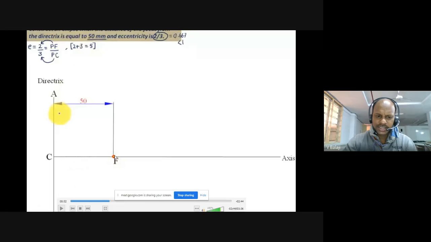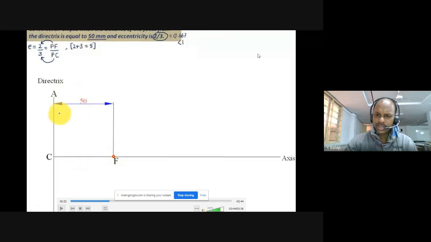To divide this CF distance into 5 equal parts, you need to draw one angular line. On that, you need to mark 5 equal arcs, because we are doing only 5 parts. We have to draw 5 equal arcs, and the last arc you need to join to the focus.